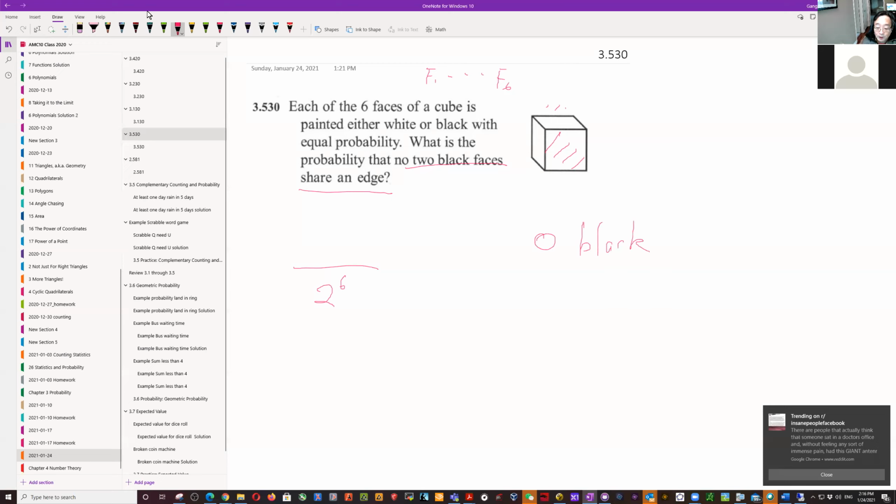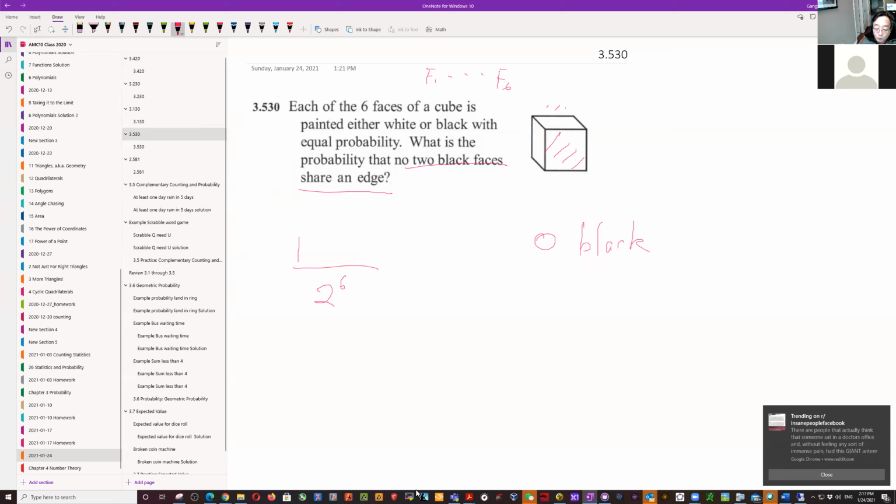If you have 0 black faces, it means all white. An all-white cube doesn't have this problem because it has no black face at all, so there's no 2 black faces sharing a side. It's a working favorable case, and we need to count it in.